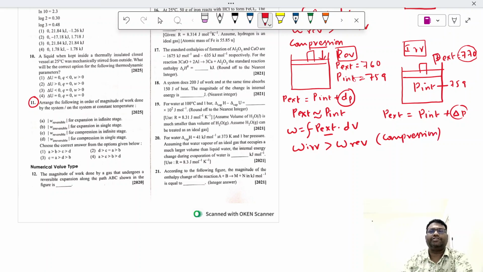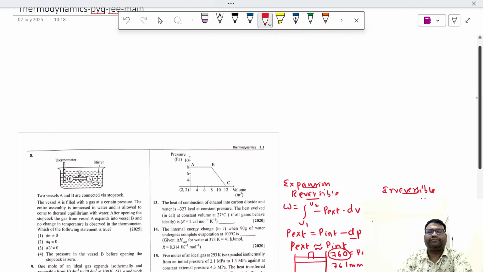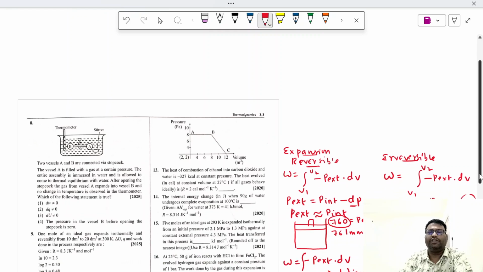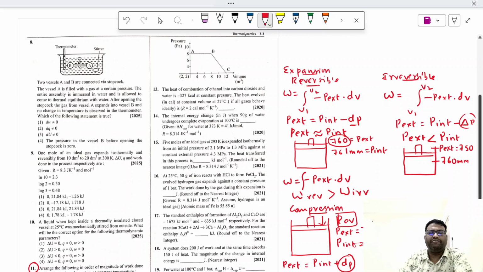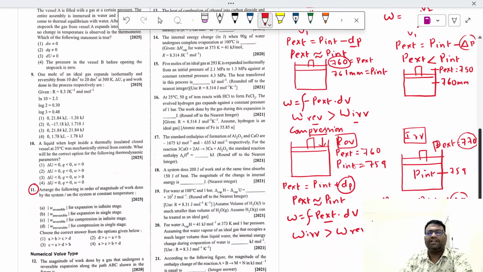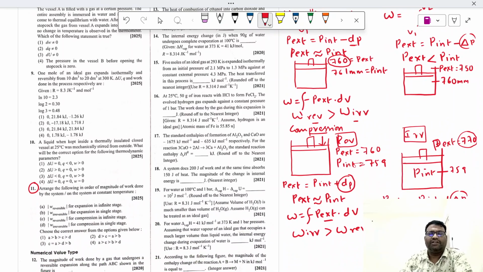So it is opposite. Whereas in the case of expansion, reversible is greater than irreversible, whereas in the case of compression, irreversible is greater than reversible.